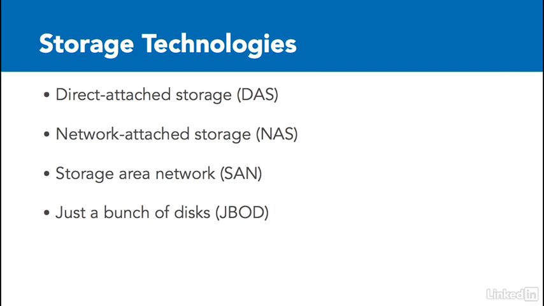They don't match in size. They're not all necessarily the same. You put them all into a computer, and you can create a storage solution where it looks like one volume or one drive that's holding a massive amount of data, but it's really a bunch of disks all collected together.